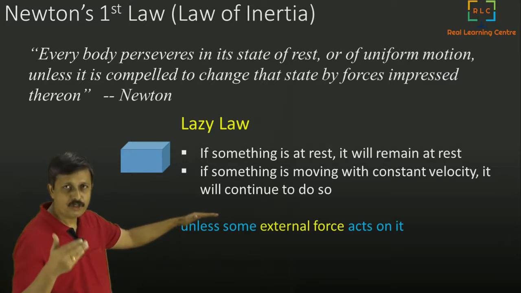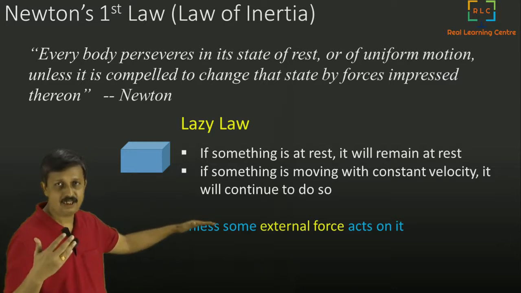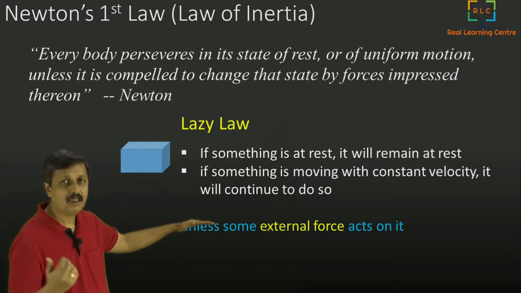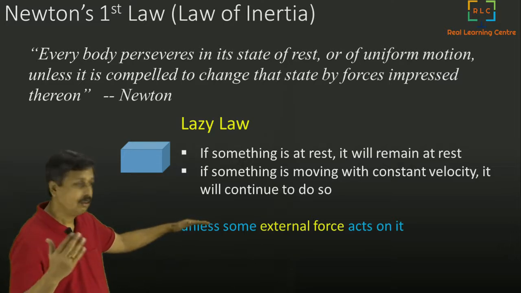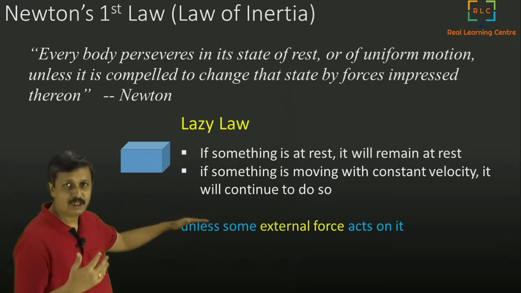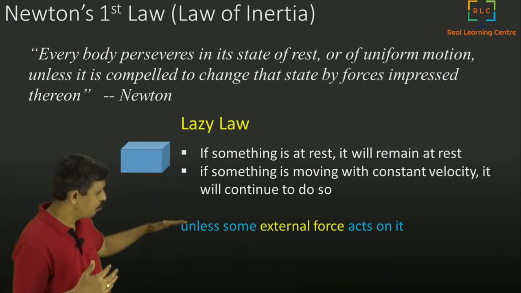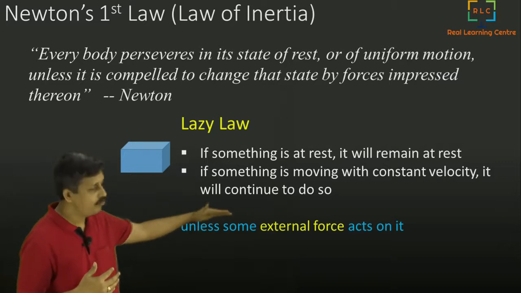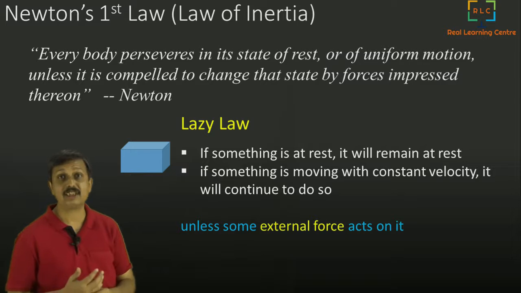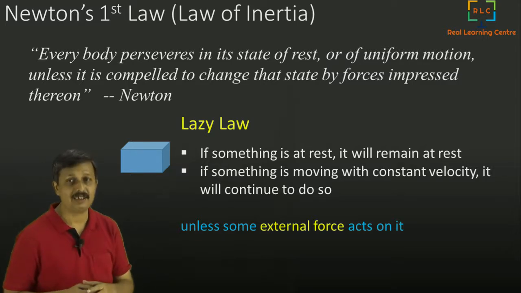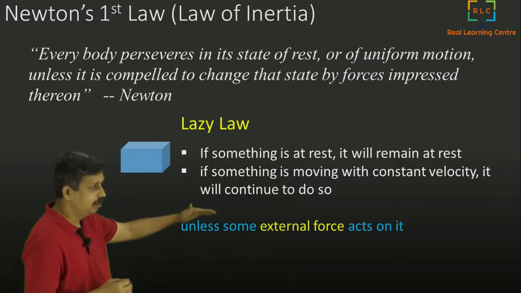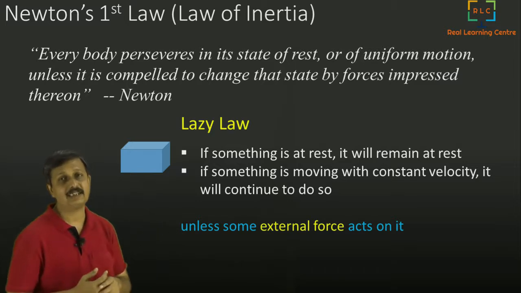We tend to use the word constant velocity instead of constant speed, because velocity has both value, that is magnitude, and direction. Even when you are going at constant speed, if you change the direction, you are actually changing the velocity. That's why we use the word velocity. Constant velocity, unless an external force acts on it.